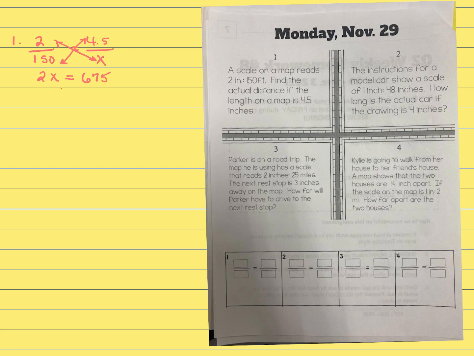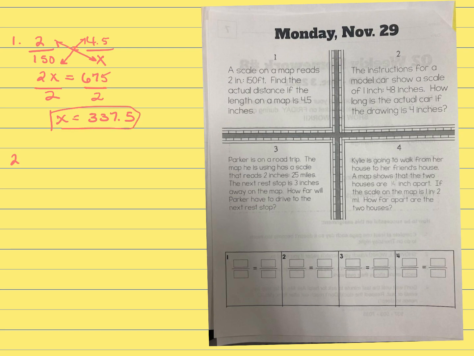We solve for x, divide by 2 over 2. X equals 337.5.